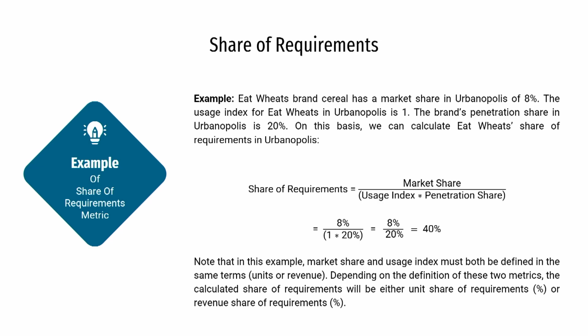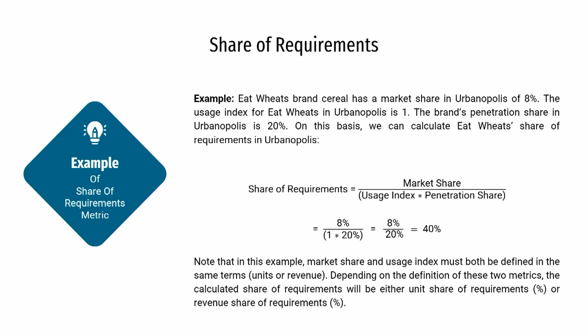So, overall share of requirement will be 40%. The buyers of Edward's brand are purchasing 40% of their total requirement from Edward brands and 60% of the requirement from some other brands.